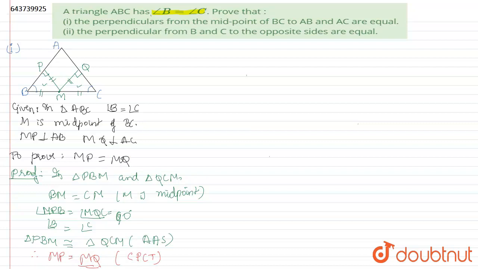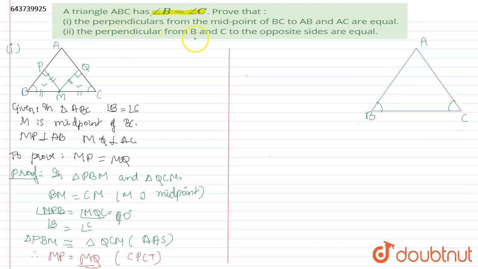Now let us prove the second one. First we will draw the triangle ABC. So in triangle ABC, angle B is equal to angle C. It is given.